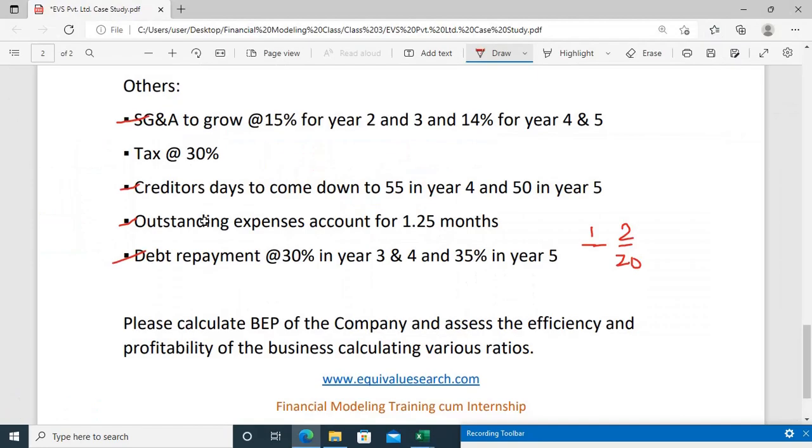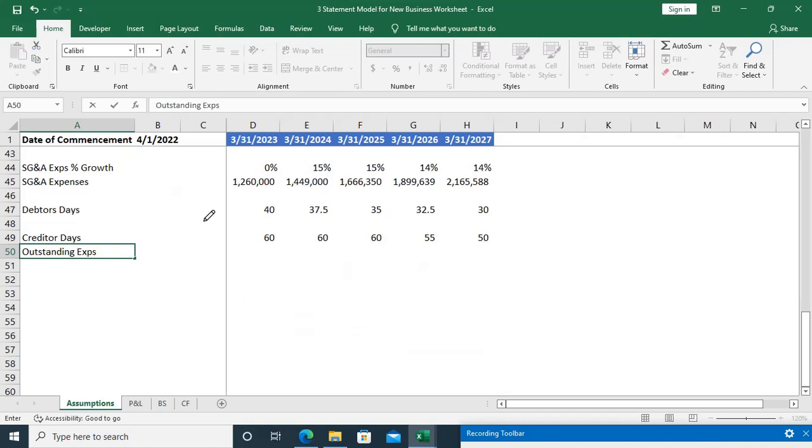Outstanding expenses account for 1.25 months.